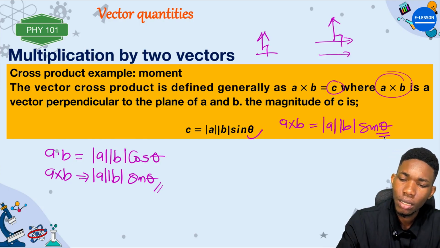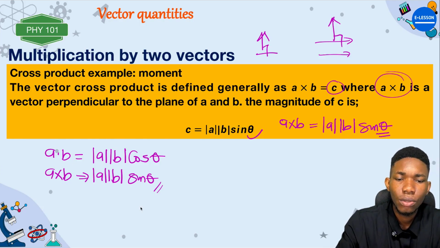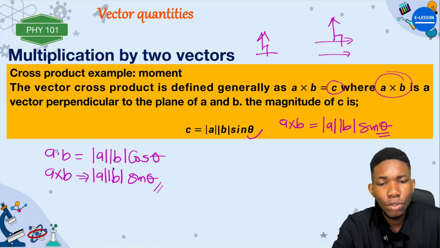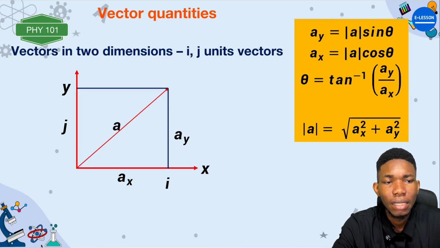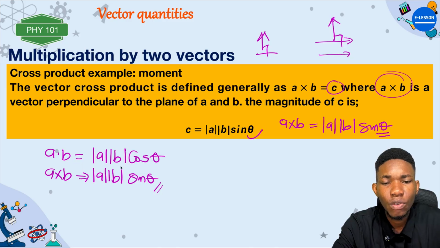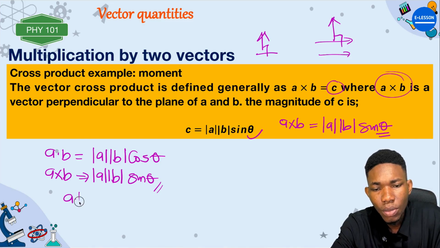Is that okay? Exactly. So now that we have known this, when they say vector dot product is magnitude of A, magnitude of B cos theta, you know how we got the magnitude for each of the vectors, then cos theta. So if they now ask you to find theta, let's say for A dot B, what are you going to do? A dot B is equals to what? Magnitude of A, magnitude of B cos theta.